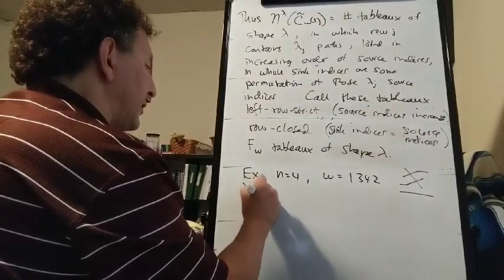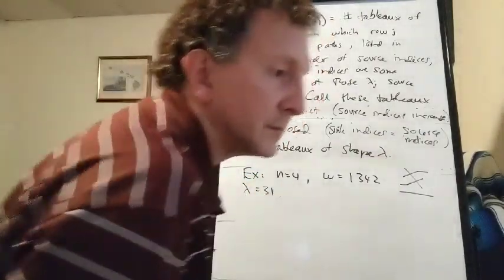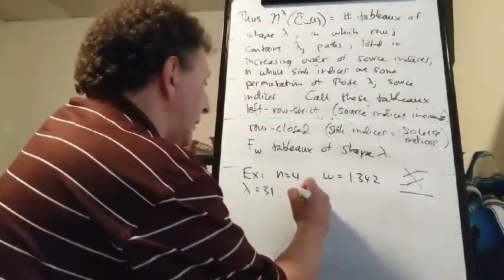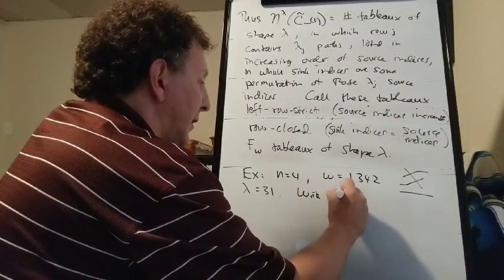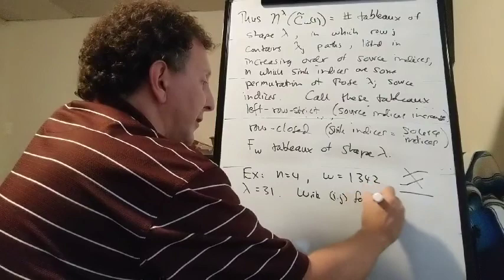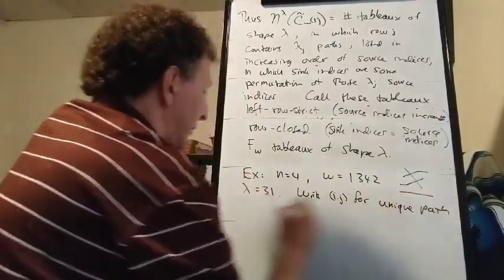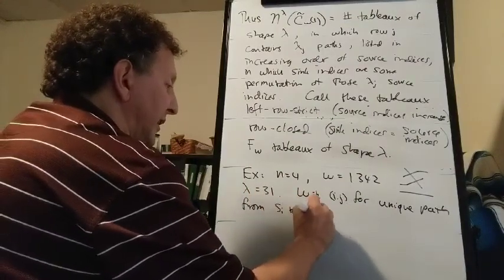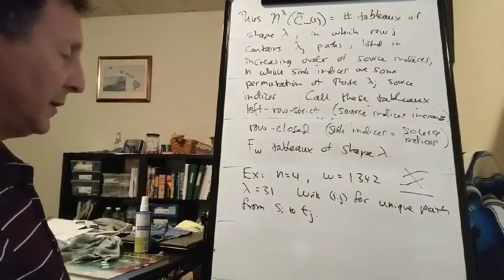And let's use the partition 3, 1. And I'm going to write in each tableau ij for the unique path from source i to sink j. So there's a tableau of shape 3, 1.